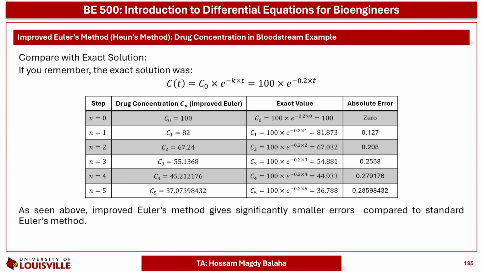If you make a comparison with the exact solution, between the improved Euler and the exact solution, the values we calculated here, you will reach that absolute error. If you remember, in the Euler method, we reached an error of 4, but here we reached an accumulated error of 0.286. So it's obvious now that the improved Euler method gives significantly smaller errors compared to the standard Euler method.